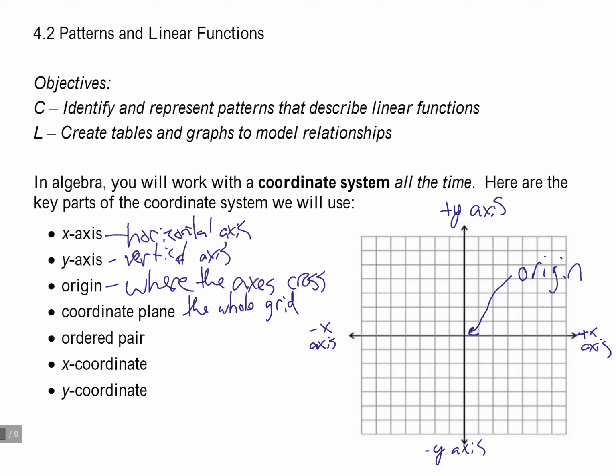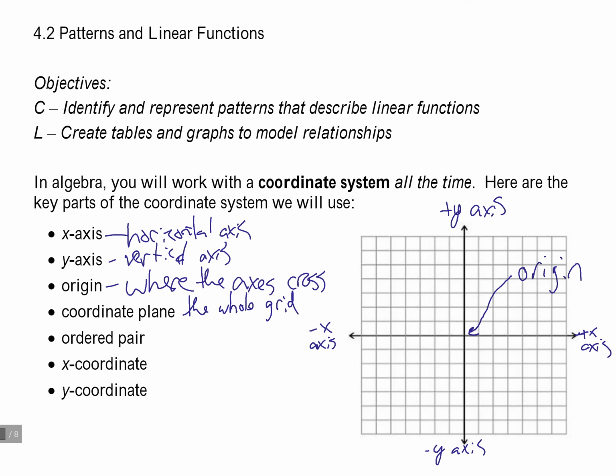We can't possibly draw an infinitely huge coordinate plane, so we only draw this much, okay? And then we make a scale based on how much of the coordinate plane we need to see for the interesting stuff that we need to graph. And then we make our graph. So when I say the whole grid, it is the entire infinitely huge coordinate plane, okay?